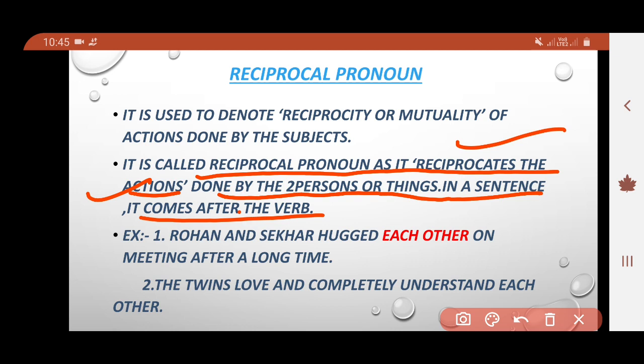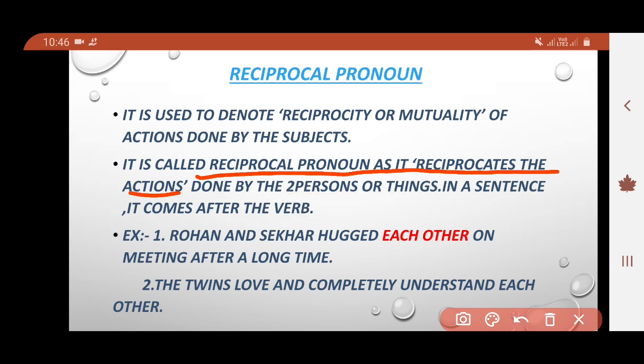But reciprocal pronoun shows not only the action of one person but it also shows the action of another person. That means the action is reciprocated between the two persons or two things. The same action is done by the first person as well as the second person also.